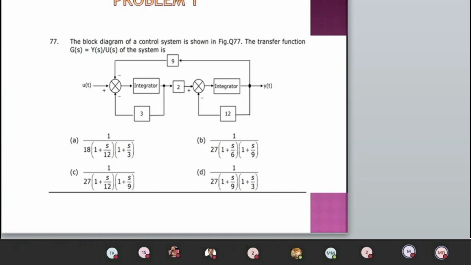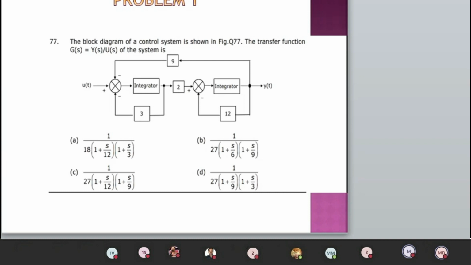The block diagram of a control system is shown below. The transfer function is to be determined. Dear students, the ultimate goal is to determine the Laplace transform of a given variable. The Laplace transform converts a variable from the time domain to the frequency domain, that is, s tends to j omega.